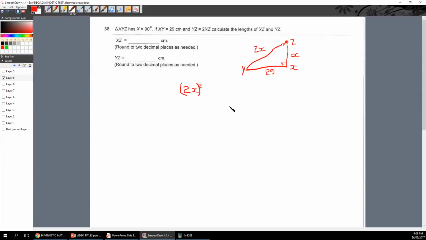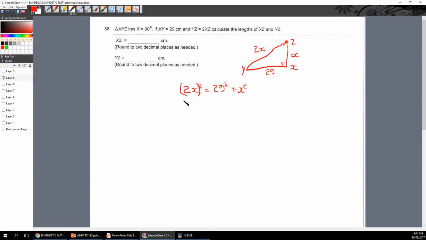The square on the hypotenuse is equal to the sum of the squares on the other two sides. So we get 29 squared, plus x squared. Right, so a squared plus b squared equals c squared, and yeah, that's okay.